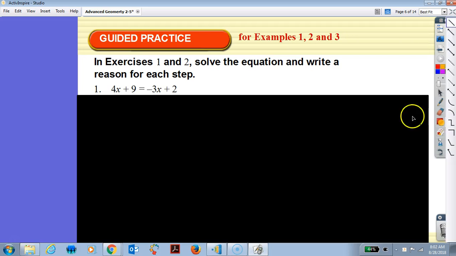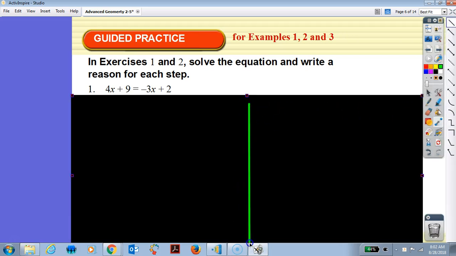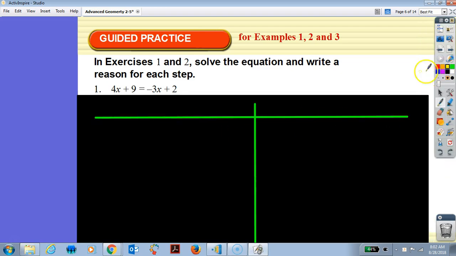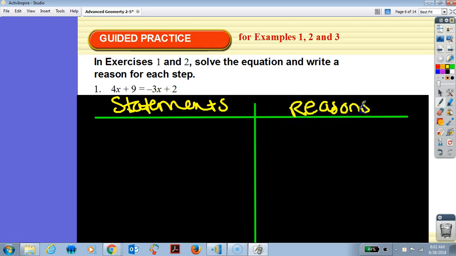All right, so on this next one, we're going to write the reasons. So let's just do a nice 2-column proof. So we have our statements and our reasons. Number 1, 4x plus 9 equals negative 3x plus 2, given.